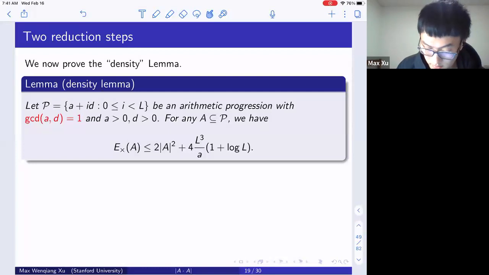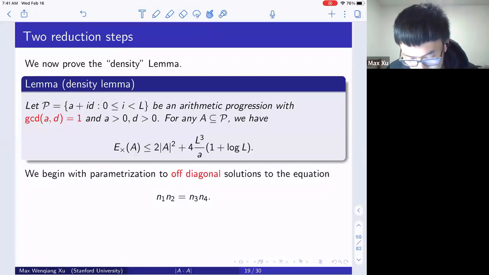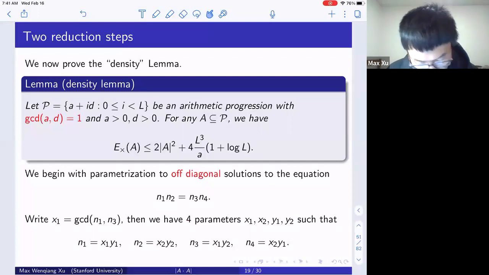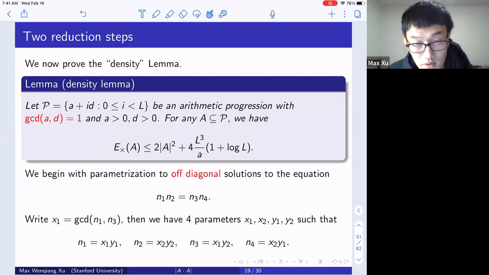How to prove such a statement? We just do a simple parameterization of this equation, N1, N2 equal to N3, N4. Let's say X1 equals the GCD of N1, N3. Then we have 4 parameters, X1, X2, Y1, Y2, that parameterize N1, N2, N3, N4 in a very straightforward way.